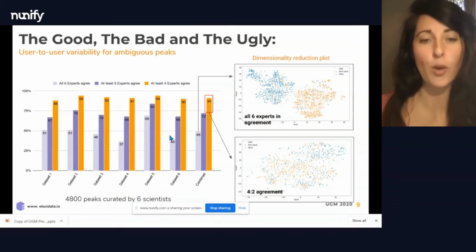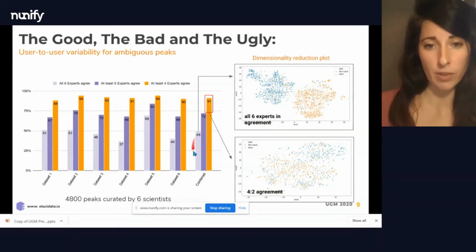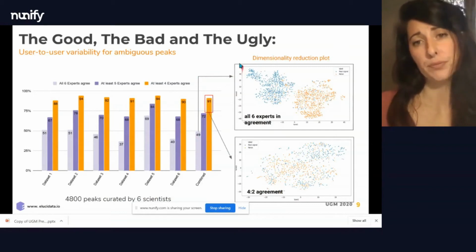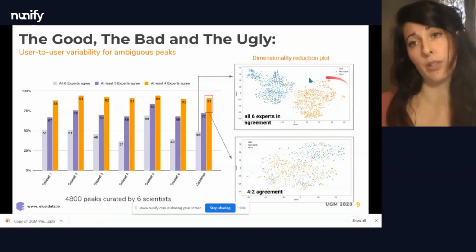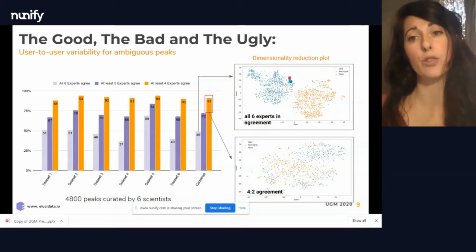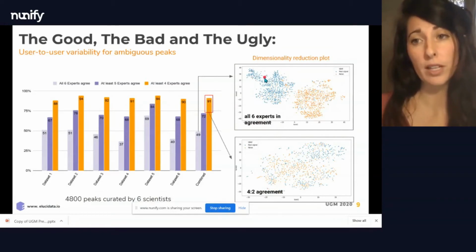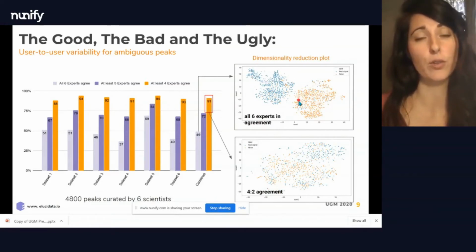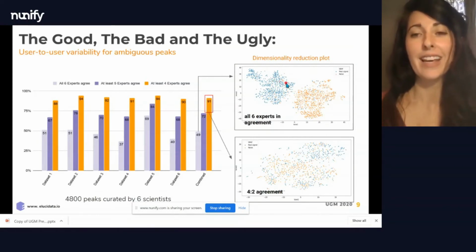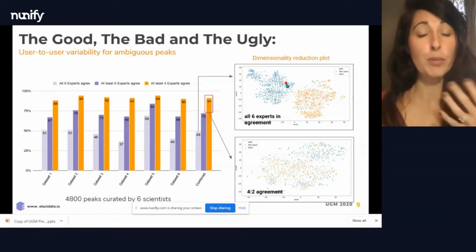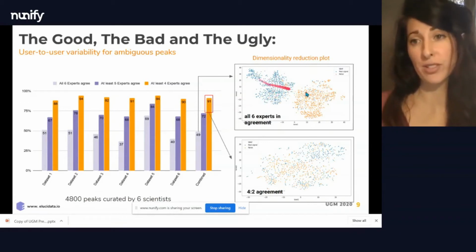That was a bit surprising. So we looked at the data that was giving rise to this, and we did a dimensionality reduction plot to really understand it. You can see that the real signal in blue and the noise in orange clustered into distinct populations. This suggests that these are the peak attributes that are driving whether a peak is good or bad.